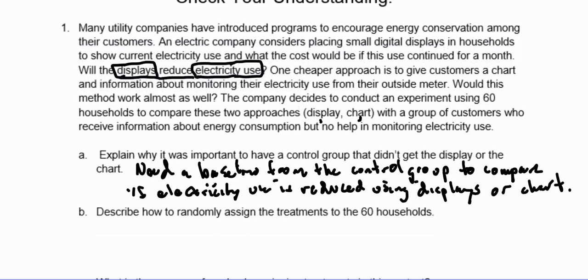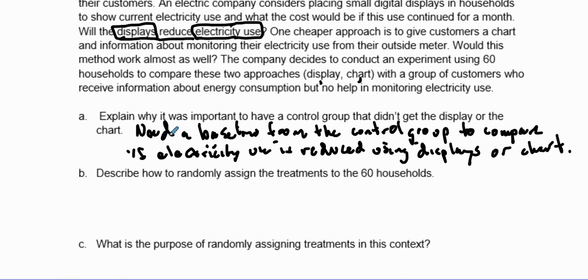Now describe how you randomly assign the treatments to 60 households. So this is what we would do. You would probably have to assign each one of these 60 participants a number.